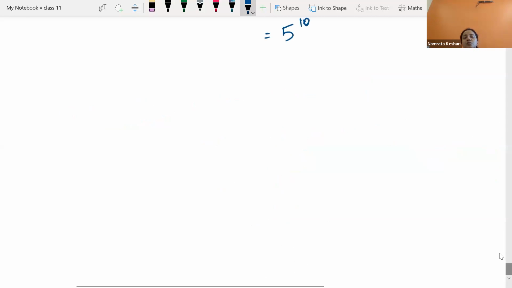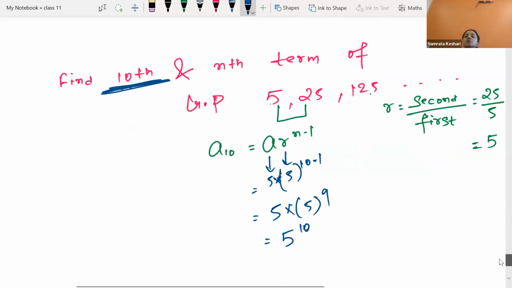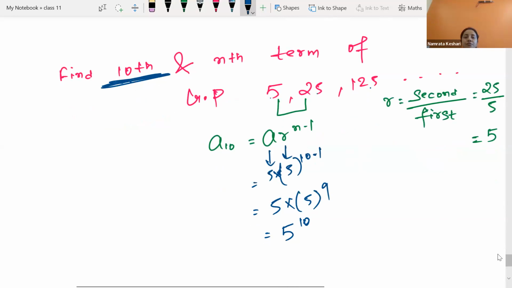But if it is an MCQ question where you have to match the answer, then you have to do the multiplication, since if the power is small, at least 5 or 6, we could write the answer. But for power 10, 12, or 20, you can leave the answer as it is.